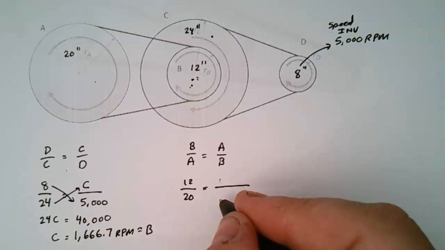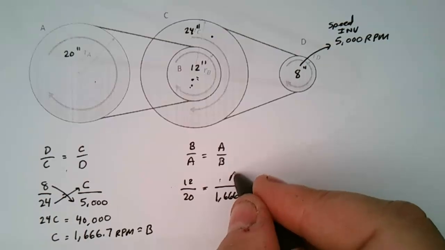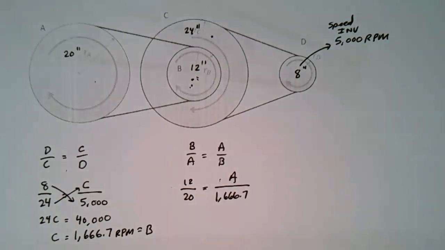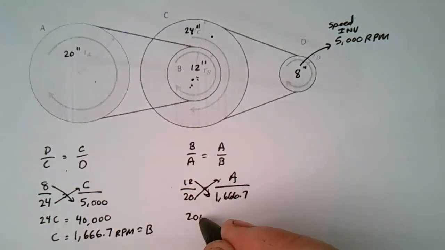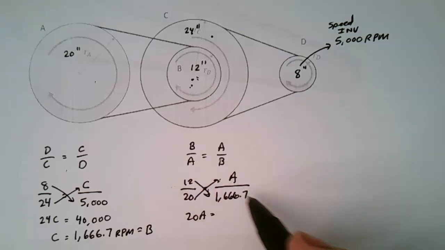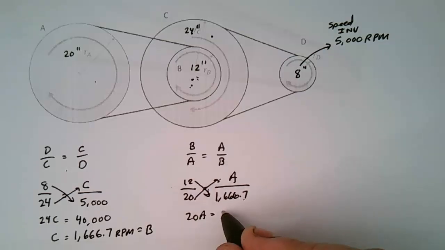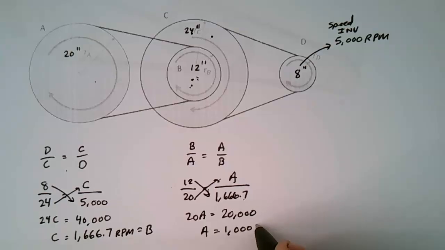Well, I know the speed of B is 1,666.7 RPM, and I don't know the speed A is spinning, so I'll write it like that. Cross multiply, I get 20A is equal to, and if I multiply that times that, and I haven't rounded, I actually get a nice pretty number. I get 20,000. If I divide both sides by 20, I get 1,000 RPM.